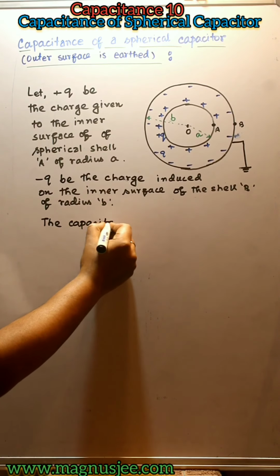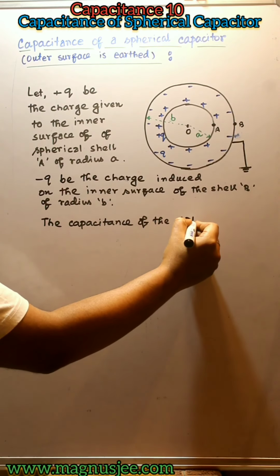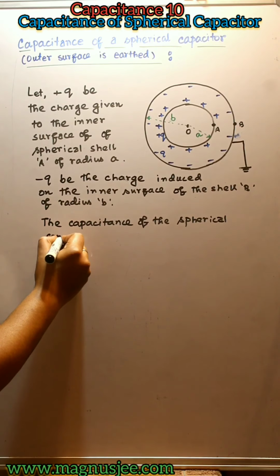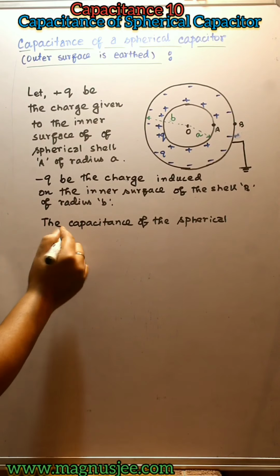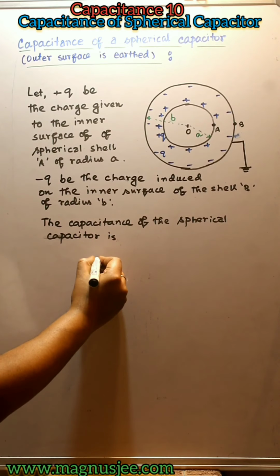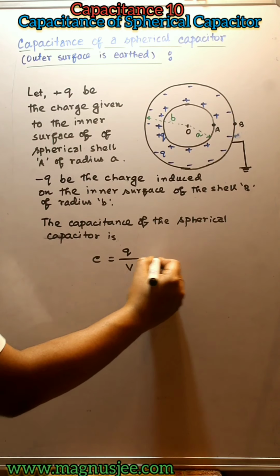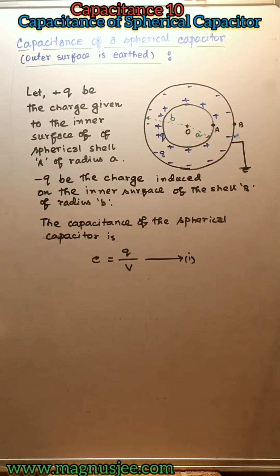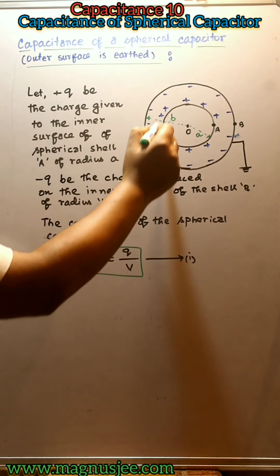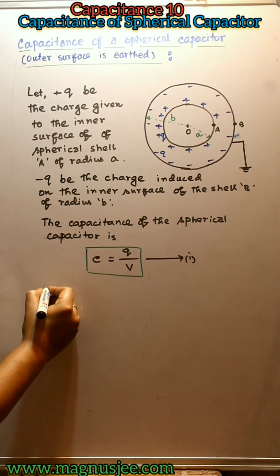The capacitance of this spherical capacitor is C equal to Q by V. This is equation 1, because capacitance is the ratio of the charge given to the spherical capacitor and the potential difference between the two shells.